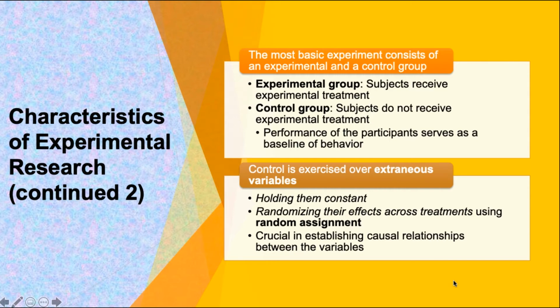So to identify a clear causal relationship between your independent and dependent variables, you must control the effect of extraneous variables. You have here two ways to control this effect. The first way is to hold extraneous variables constant.